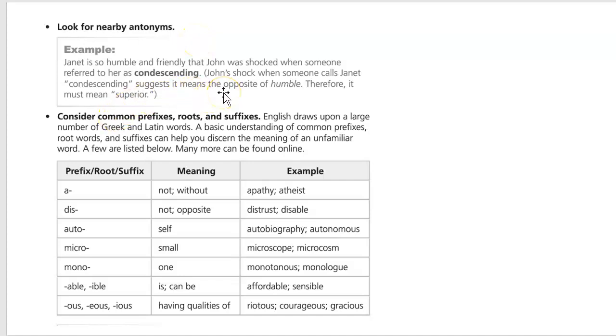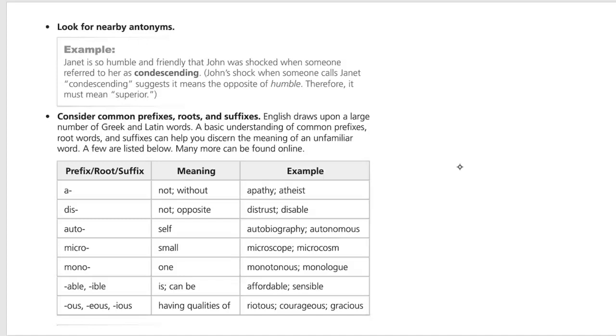Consider common prefixes, roots, and suffixes. English draws upon a large number of Greek and Latin words. A basic understanding of common prefixes, root words, and suffixes can help you discern the meaning of an unfamiliar word. So if we break down the word, often we can find root words within that we do know, or we can find a prefix that we're familiar with, and it gives us clues as to what that word means.